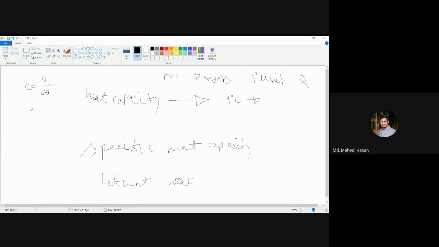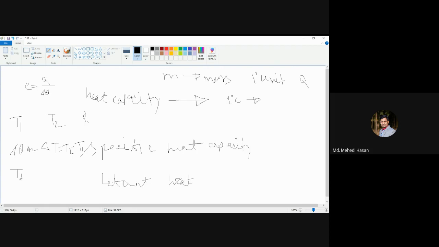So if we consider the initial temperature is T1, and after applying q amount of heat, the temperature becomes T2. Then we can say that temperature change del theta, or you can use del T, is equal to T2 minus T1. Okay, so T2 minus T1 changed because of applying q heat.